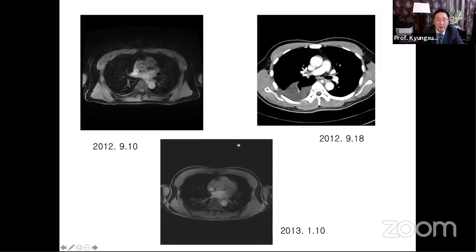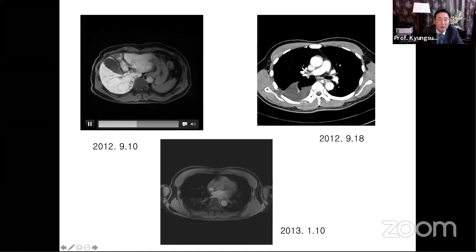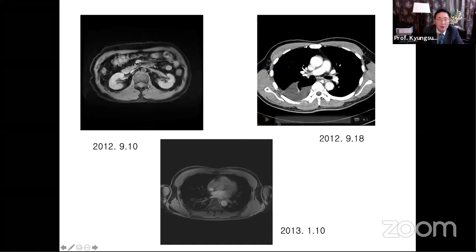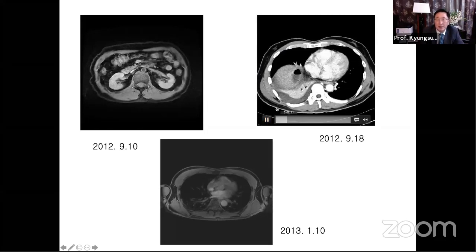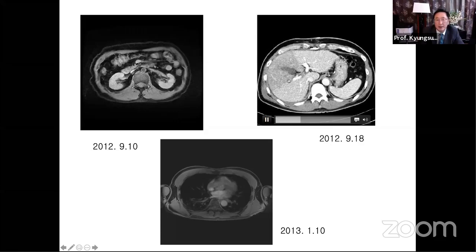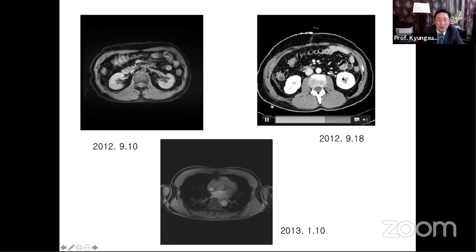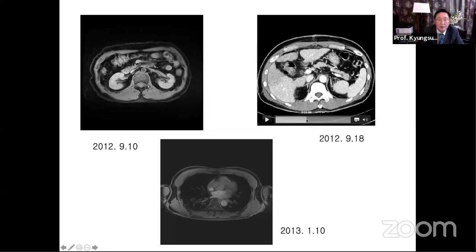In this patient, a small HCC developed around the right hepatic vein, and it was locally resected, but unfortunately, some biliary leakage developed and the middle hepatic vein was obstructed, and then congestion developed here.